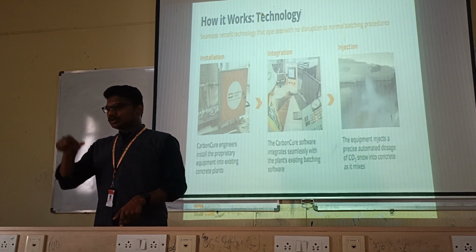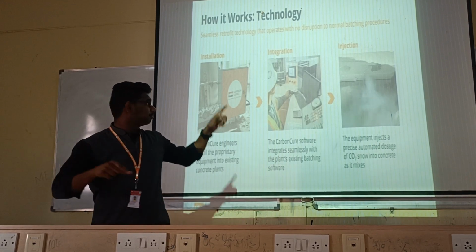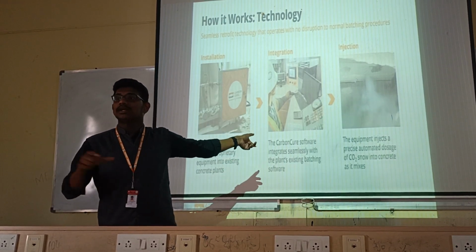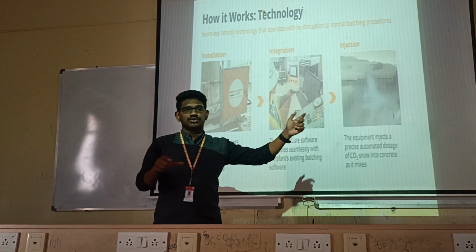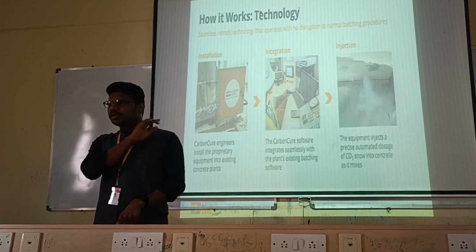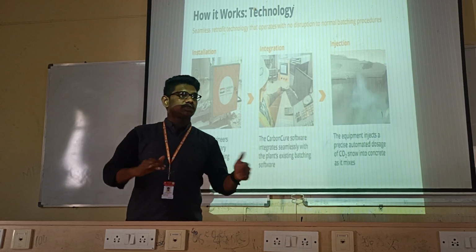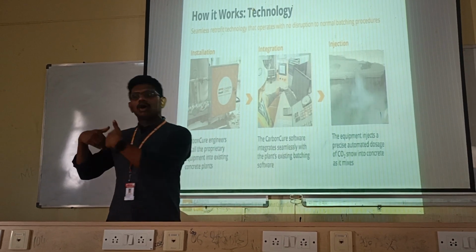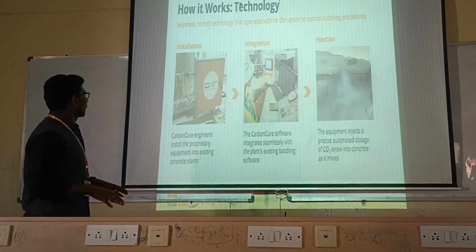That means that to the sequences of tasks that are going to be performed by that concrete plant, this carbon cure software will be added and integrated, and there will be no wastage of time in the production of concrete, nor the building construction. So there's no effect in time.